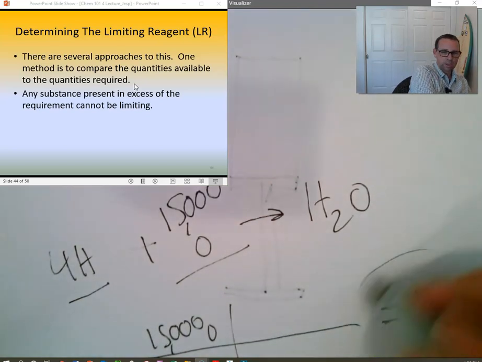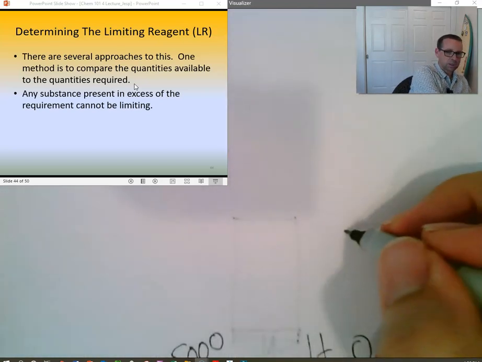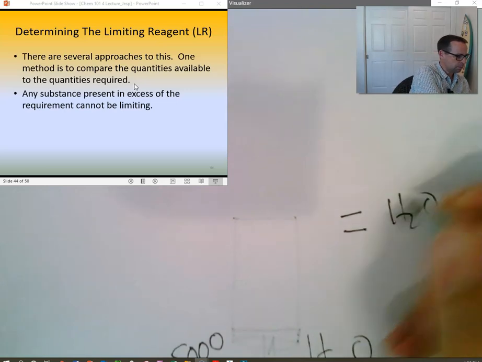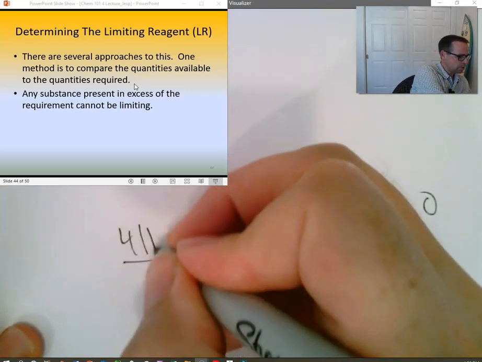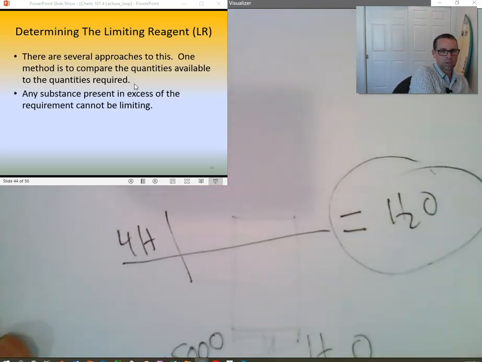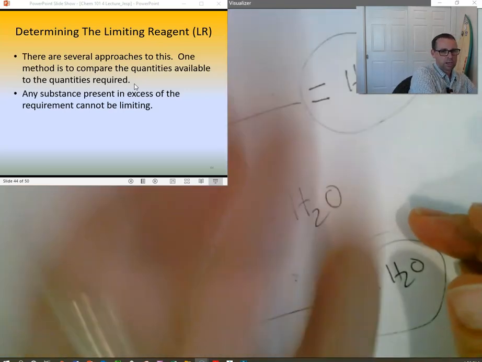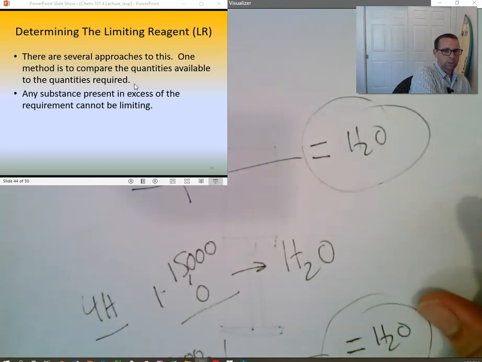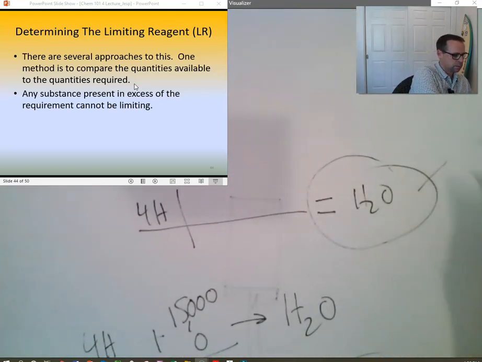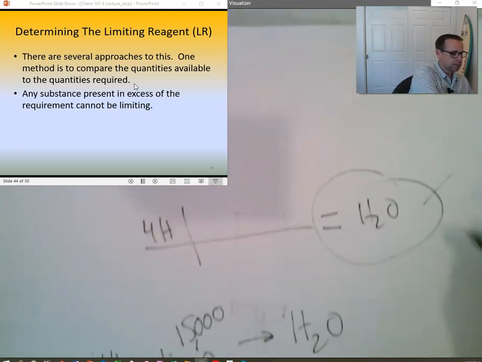And then I can answer that question. And then I can do the same thing: how many waters can I make if I have 4 hydrogens, right? And then I can answer that question. And then I can compare these two and find out which one's less. And which one will be less? This one or this one? Yeah, this one will be less.